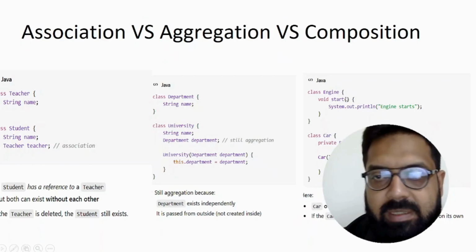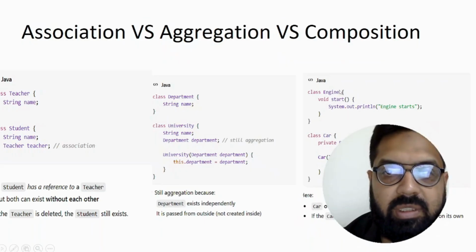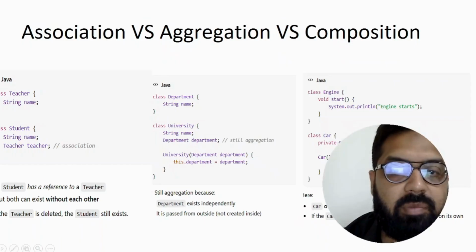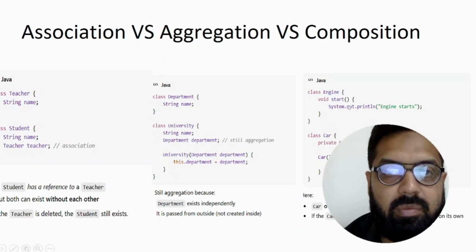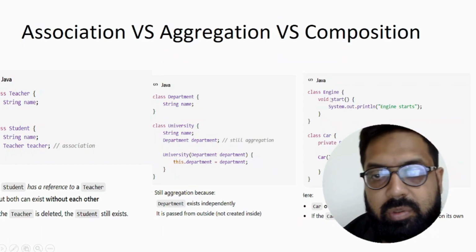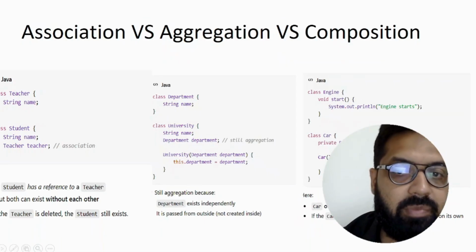In a real world example, a car cannot exist without an engine, or an engine cannot exist without the car. So this is a strong type of relationship, and while using the syntax of composition, basically you just use the engine class, and in the car class you use the reference variable of engine.